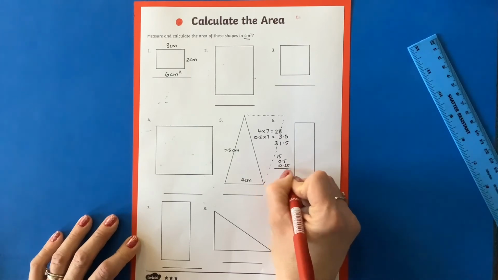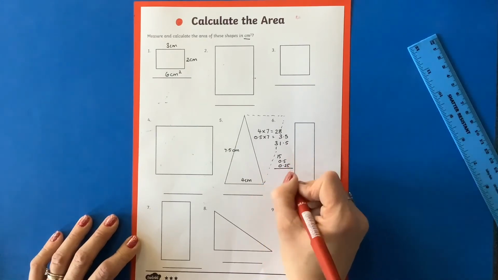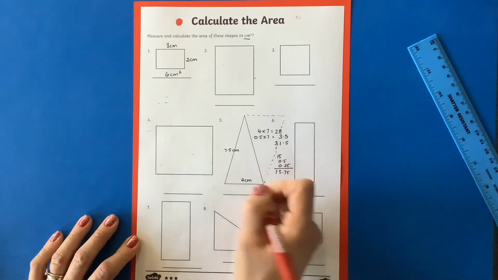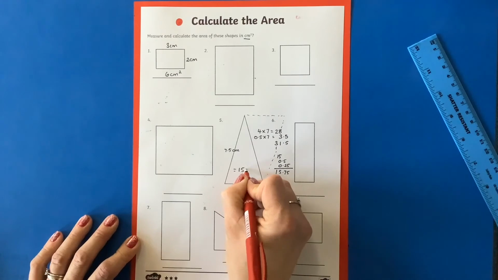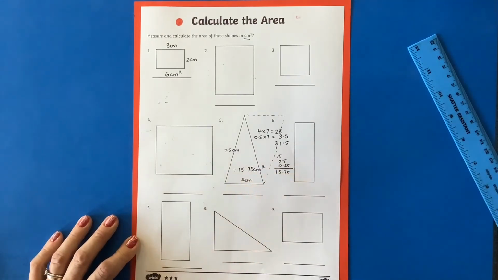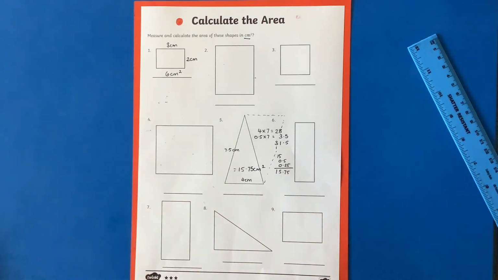Whoa, this is a super challenge. I think this must be a year 5 sheet. But I've done it. 15.75 centimetres squared. So don't worry, guys. If the triangles are too hard, you can leave them out. But have a go at measuring the rectangles and working out the area.